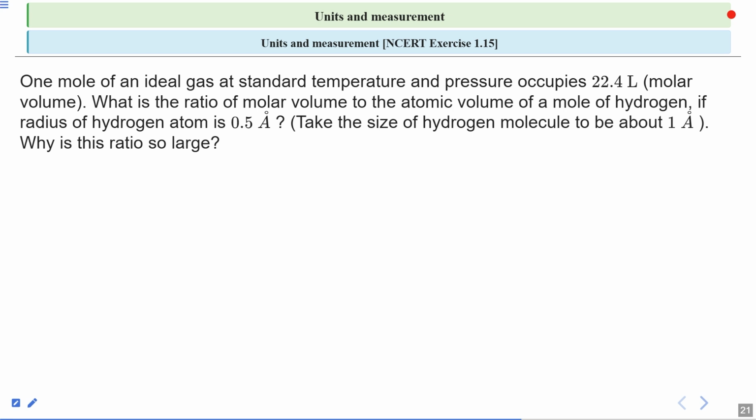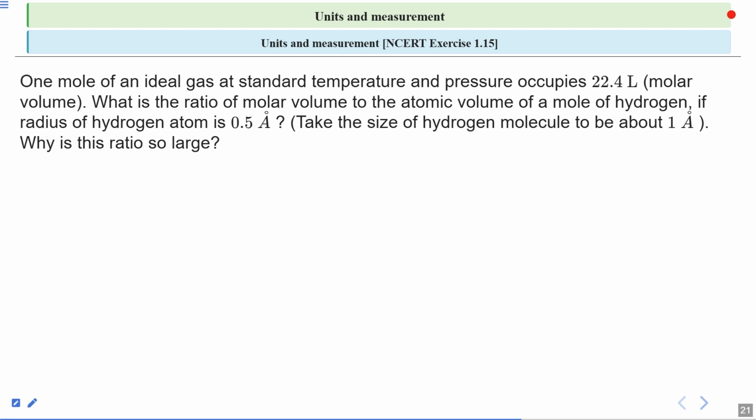See, in the previous question we found the volume of Avogadro number of hydrogen atoms. There is also the volume of Avogadro number of hydrogen molecules. So in this question they haven't mentioned which ratio we should take, right? What is the ratio of molar volume to the atomic volume of a mole of hydrogen?